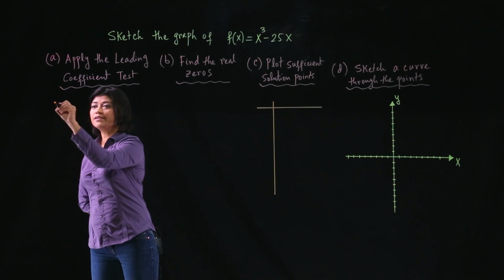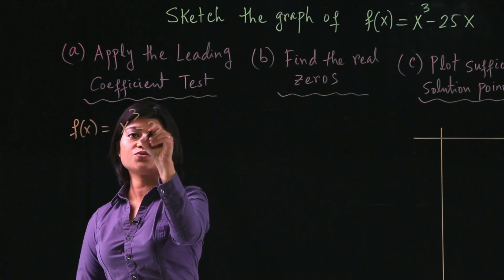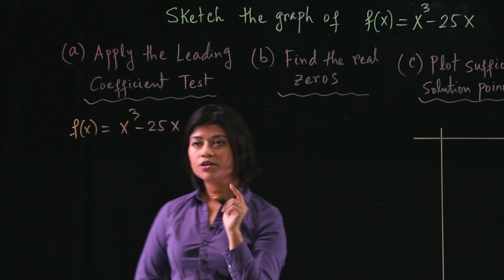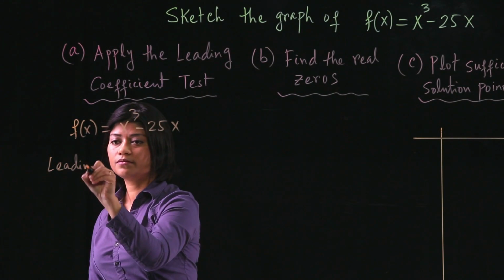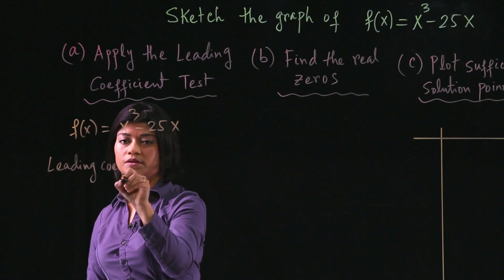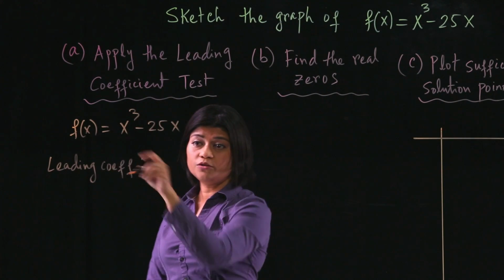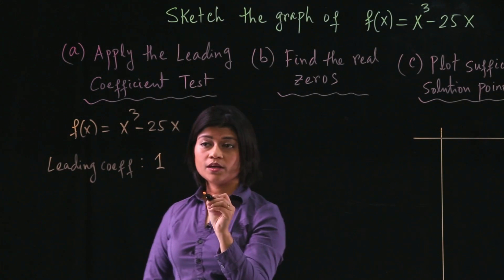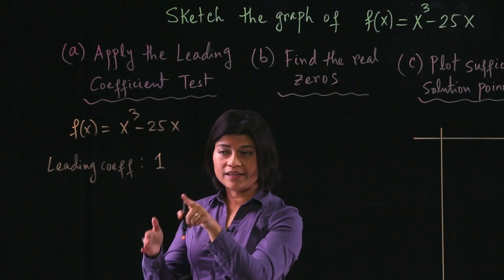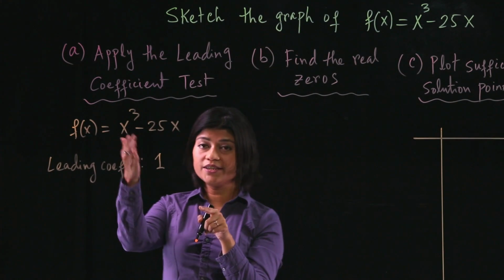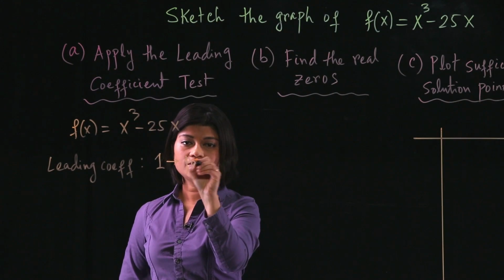The function is x cubed minus 25x. So note that the leading coefficient is the coefficient attached to x cubed, which is 1. Well, it's not the value that we're interested in, it's the sign. Since the leading coefficient is 1, that means this is positive.